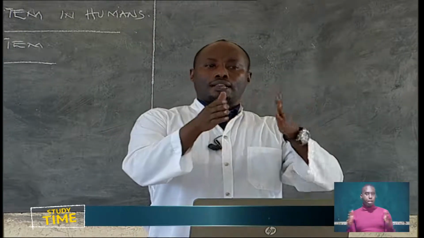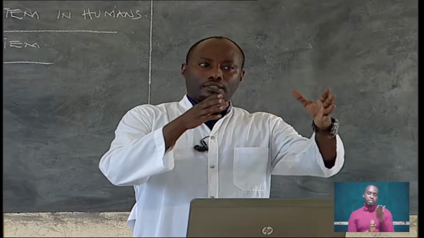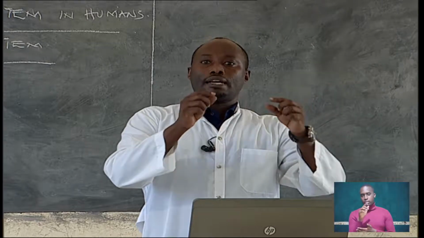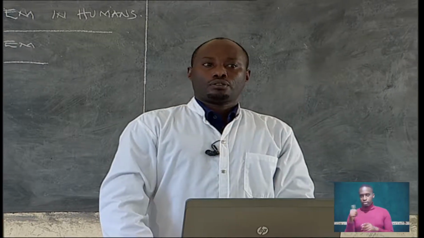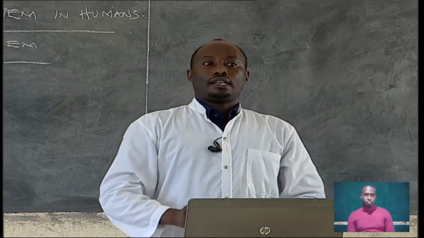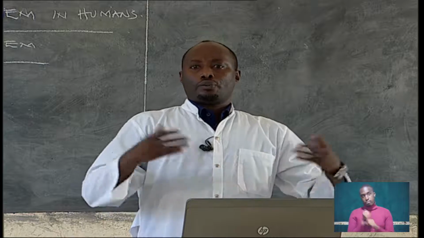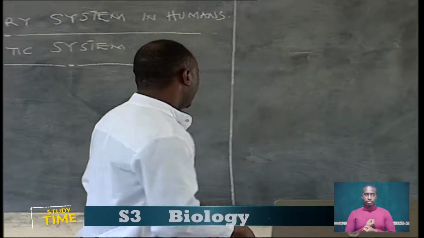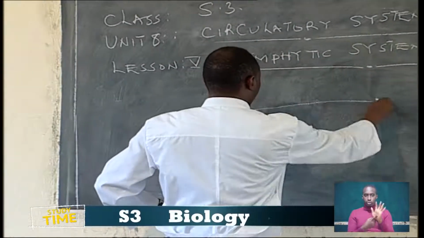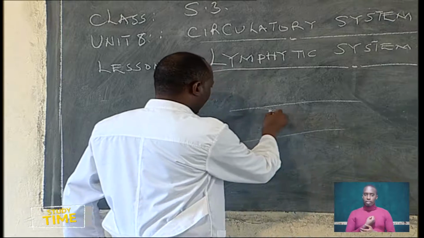Then take an example, the lymphatic vessels. They are thinner compared to the circulatory vessels, thinner than blood vessels, and have many internal valves. Why do we talk about internal valves? Let me try to show you. This is a vessel, and we have valves located like this.